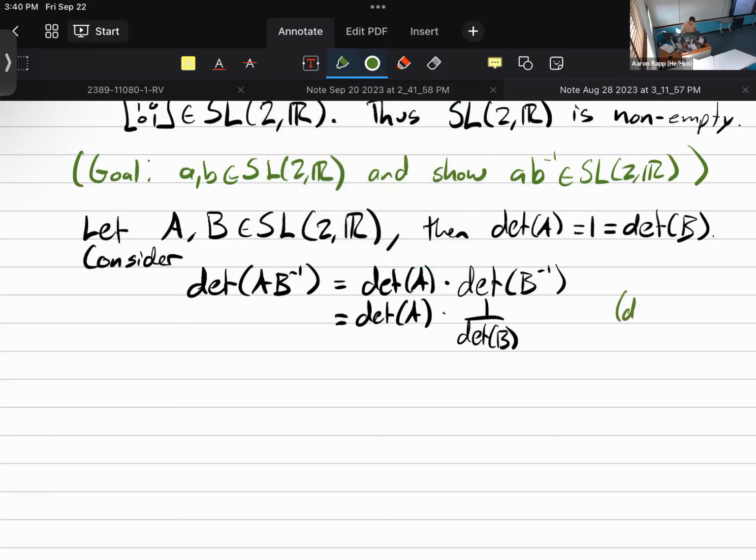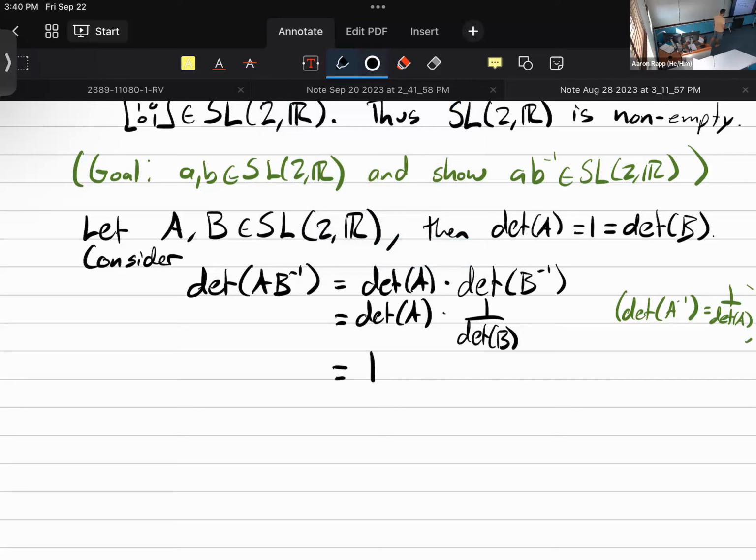In general, the determinant of a matrix's inverse is 1 over the determinant of the original matrix. But what is the determinant of A? 1. What's the determinant of B? 1. So I just have 1 times 1 divided by 1, which gives me 1.